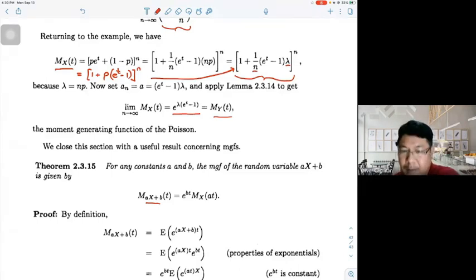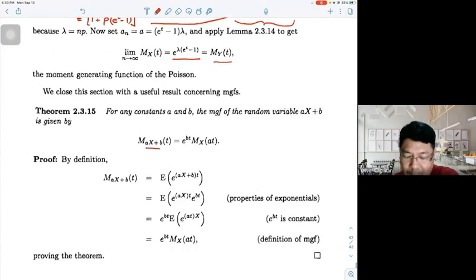So this is easy to prove. We just apply the definition. So from here, we apply the definition. So the expectation of e to the random variable, which is a function of x. So e to the quantity ax plus b times t. And then the properties of exponential. And then we can take the constant out before the expectation operator.